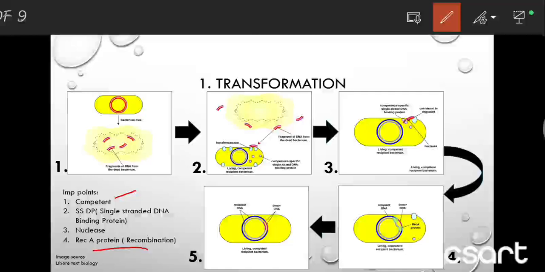Now let's see one by one how transformation takes place. In the first diagram you can see there is a bacterium.